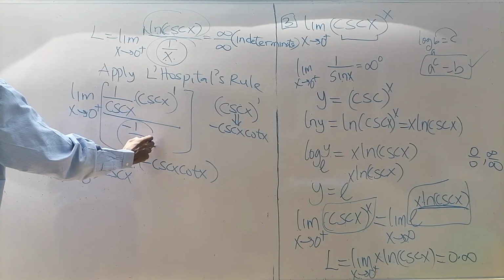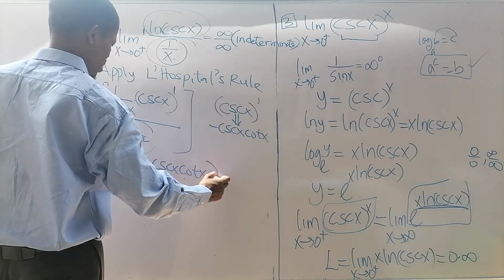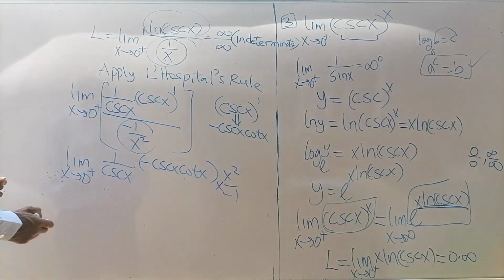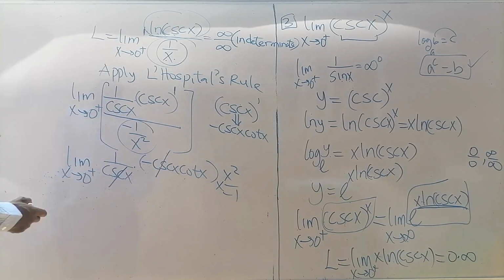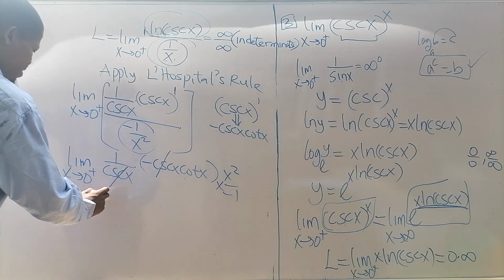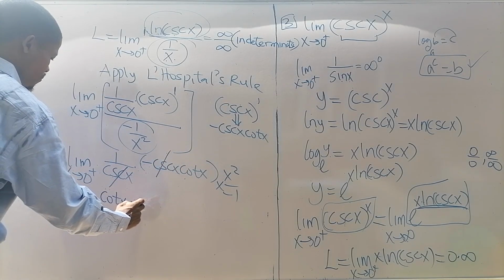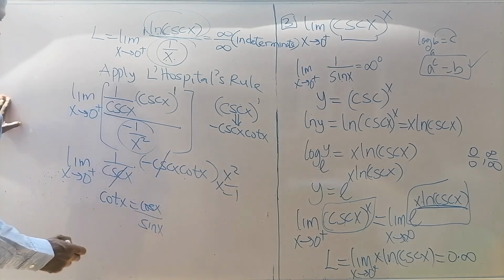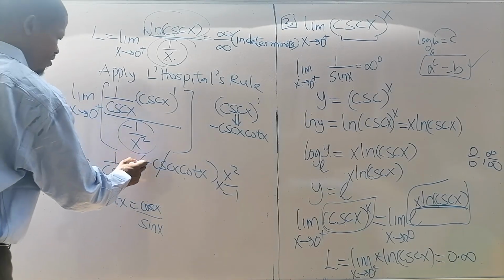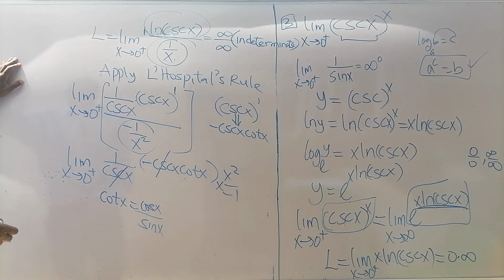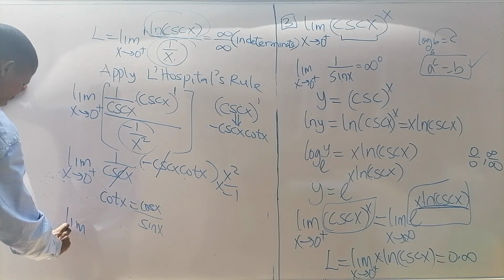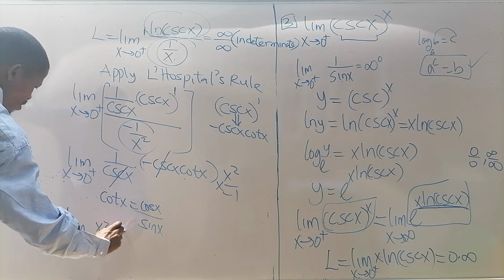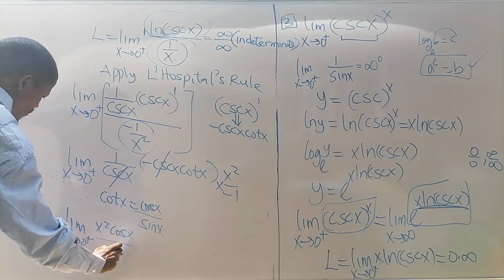Then you can move this up, times x squared over minus 1. So this one we cancel, this one we cancel. We're left with the cot, and don't forget, cot x is equal to cos x over sine x. The minus and minus cancel. So we now have the limit as x tends to 0 positive of x squared cos x over sine x.